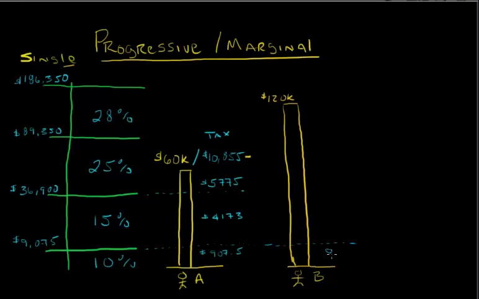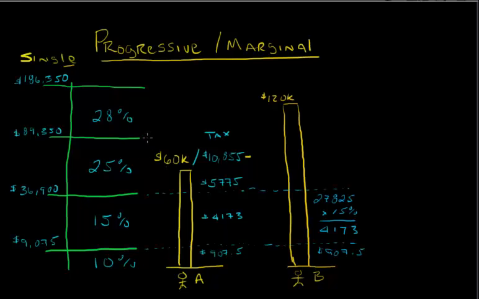So that's $907.50 for that amount. Then we go up to $36,900. And we say, okay, for the next $27,825, we're going to multiply that by 15% now instead. And we're going to come up with $4,173.